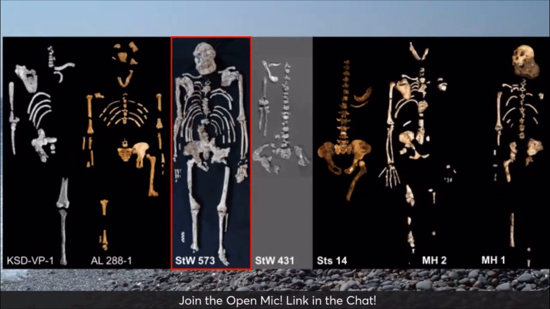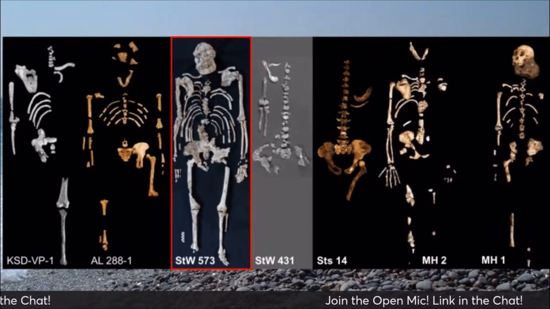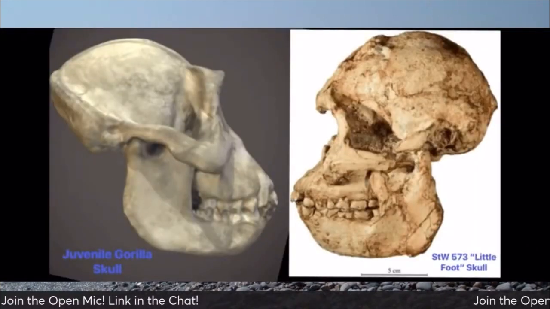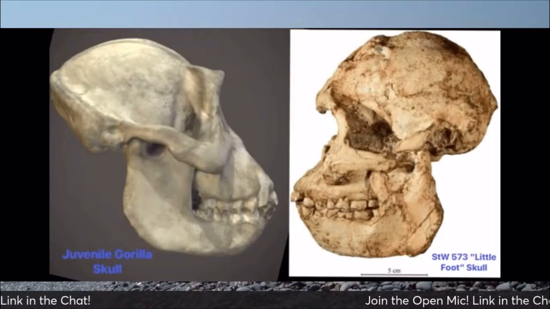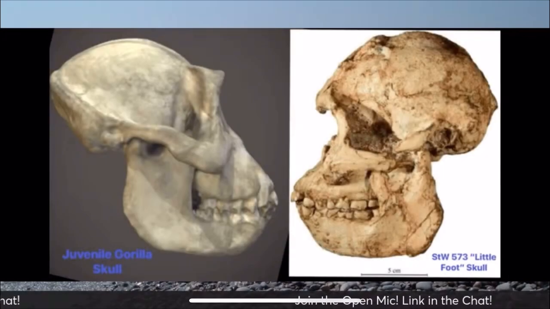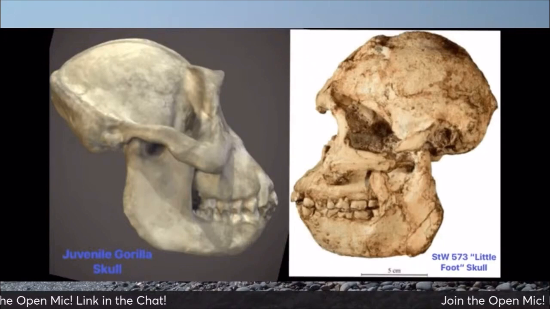And it looks gorilla, not chimp. It doesn't look transitional at all, really. It looks fully gorilla to me. This side view really says a lot. The angle of the jaw is pretty much exactly the same.